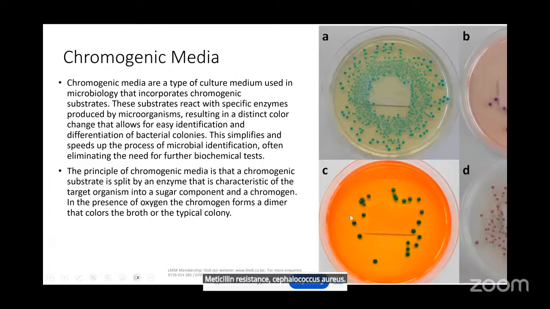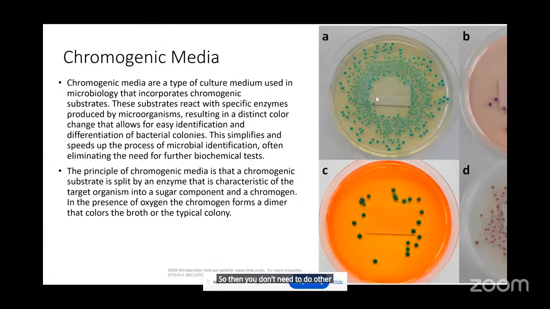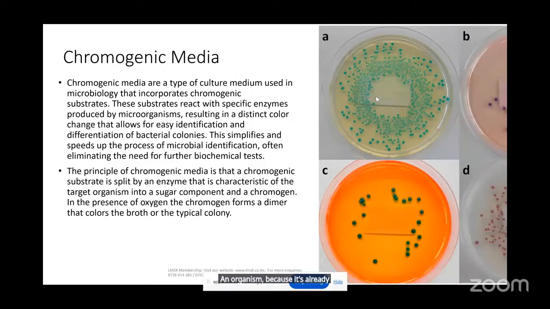You'll utilize this media for that purpose. So it negates further biochemical tests. If you are narrowing it down to a specific organism, the chromogenic substrate is specific for that organism, so you don't need to do other biochemical tests to narrow down to an organism because it's already specific for that organism.